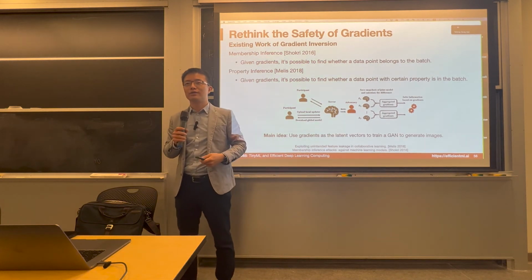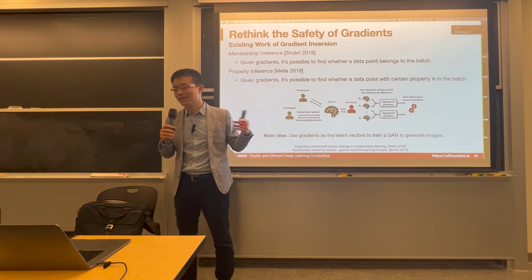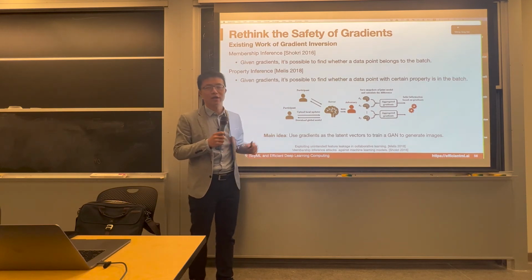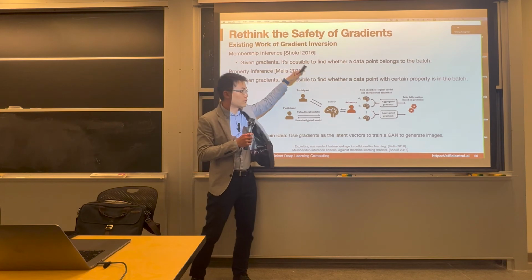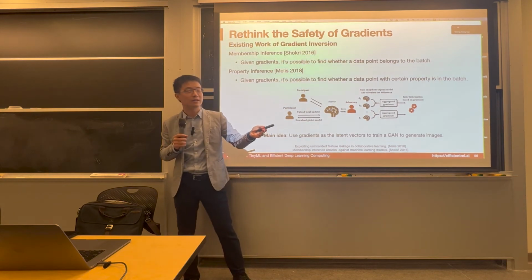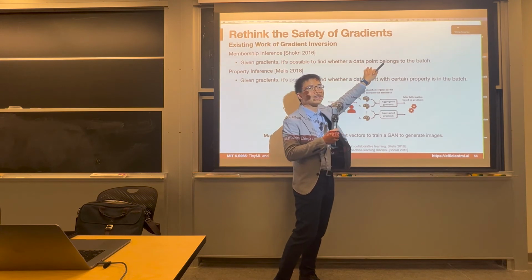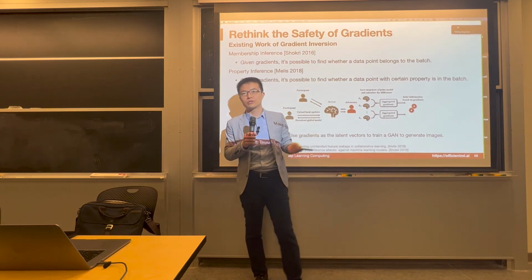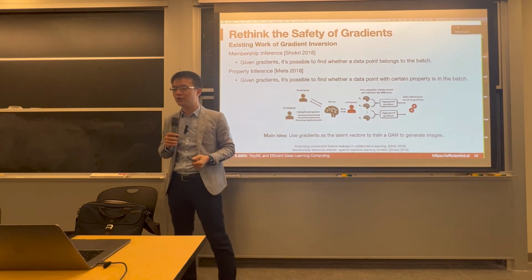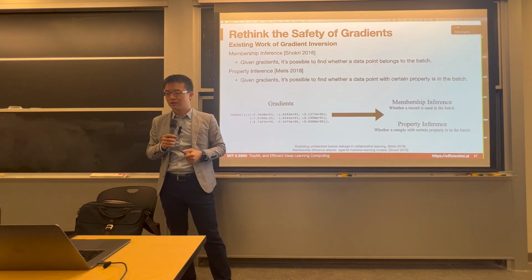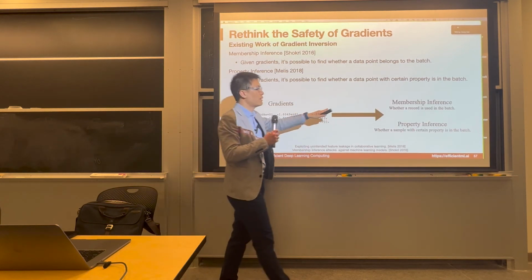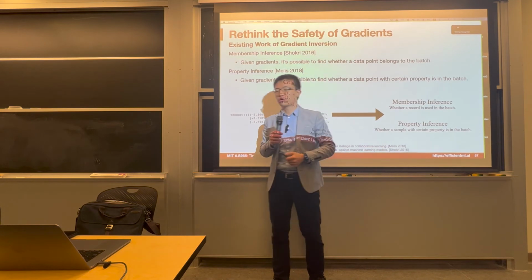Say, whether someone wearing a gray suit is in the training data, then it can tell you. But both these methods are kind of weak because they only tell you whether some data point or some certain property exists. They cannot steal the raw data. These are called membership inference or property inference.